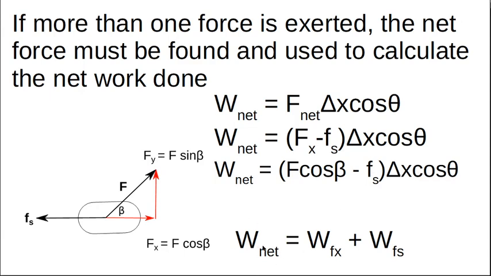Or you can find the net work by finding, first of all, the work done by this force in one sum, and the work done by this force in another sum, and that will give you the net work. And then because you calculated the work with the cos of theta, if this is the direction of motion, this will be a positive value, and this one, Fs, is at 180 degrees to the direction of motion, so the cos of 180 is minus 1.